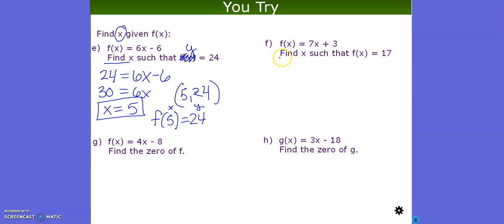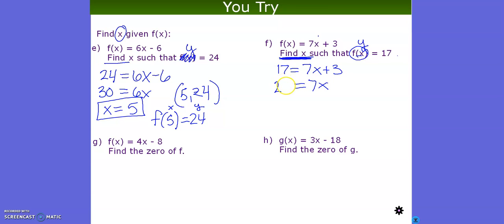All right, letter F, it says find x. So I must not know what x is. It's right here, but f of x is 17. Remember, f of x is a fancy way to say y. So I'm going to place 17 in for f of x, or y, and solve for x. Oops, I did it wrong.